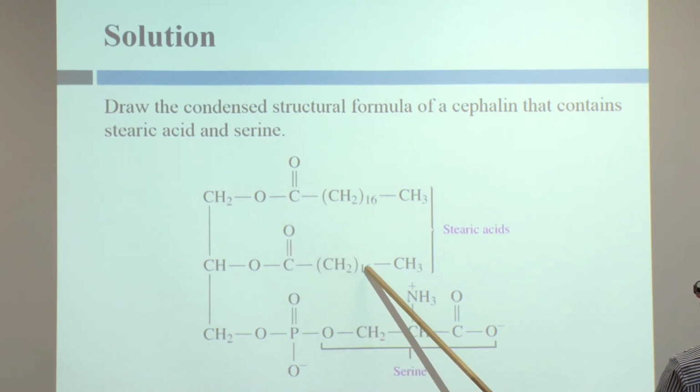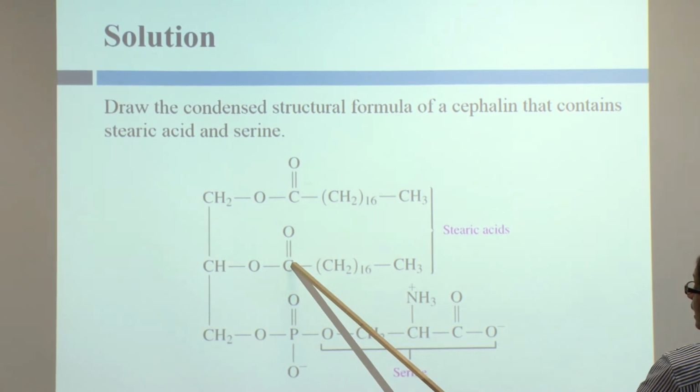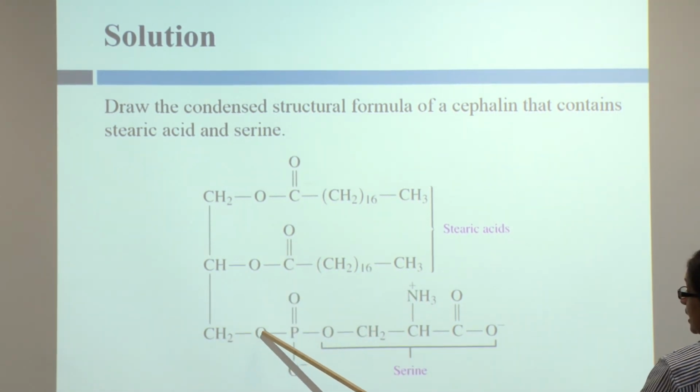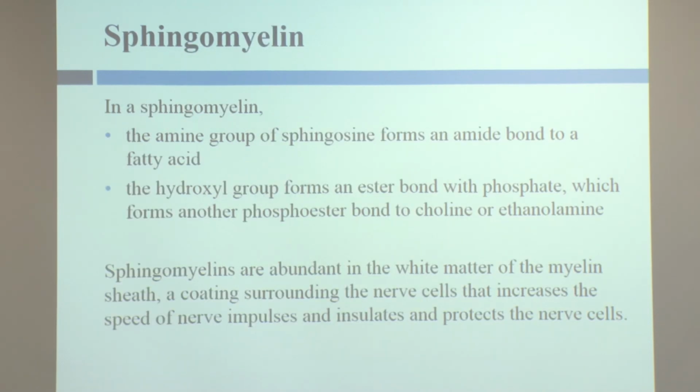Again, stearic acid, 18 carbons with no double bonds. And this hydroxyl is connected to the phosphoric acid connected to the serine amino alcohol. So this is how I set up, and this is what we are trying to do: set up the structure looking at the name.